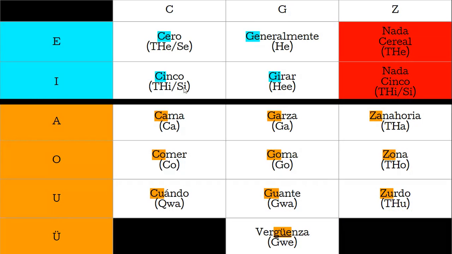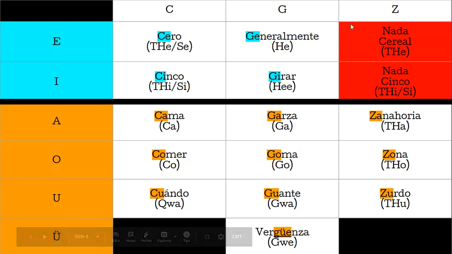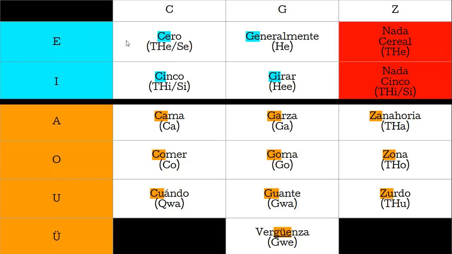So here's the whole chart. Soft sounds: cero, cinco, generalmente, girar. Hard sounds: cama, comer, cuando, garza, goma, guante, vergüenza. And then zanahoria, zona, zurdo. So depending on what letter follows the C, the G, or the Z, that's going to determine what sound it makes.